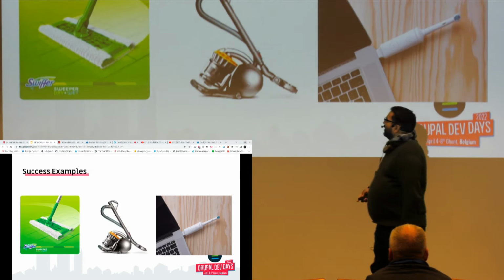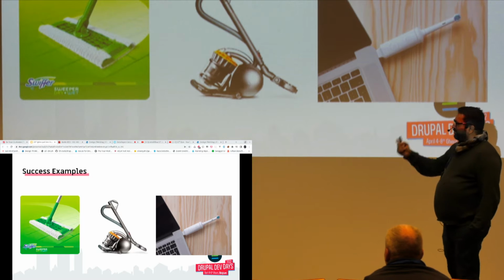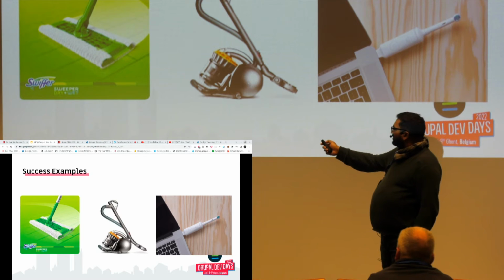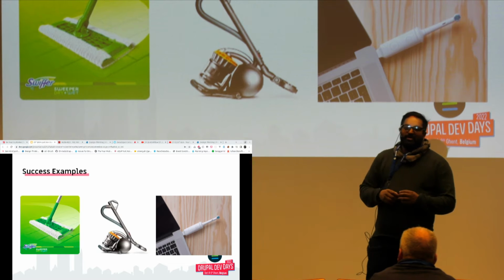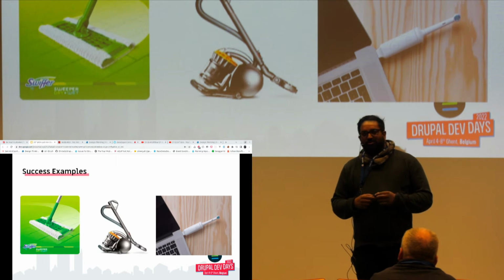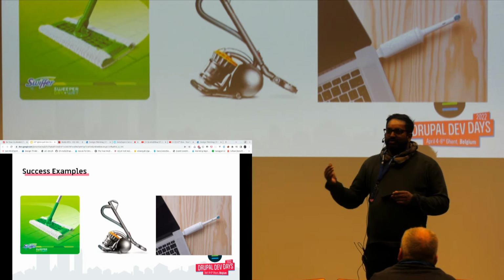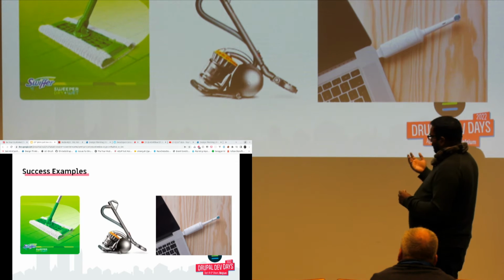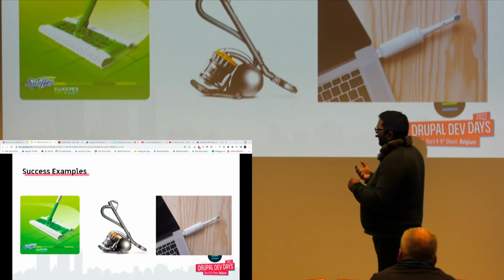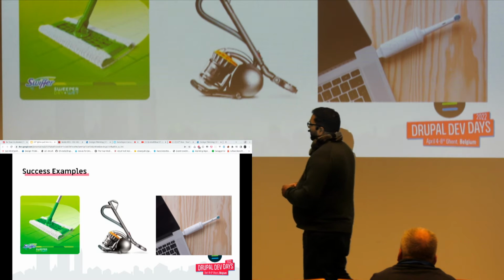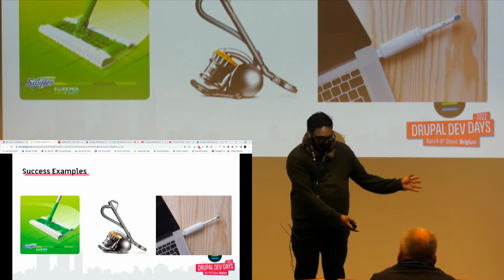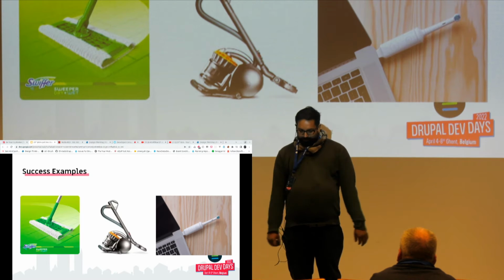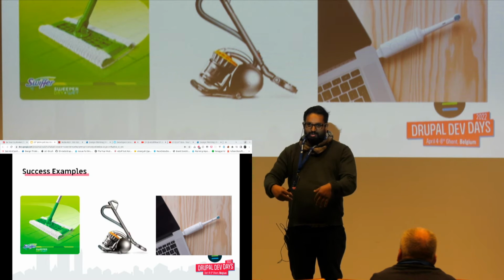But some success examples. A very famous example is the Swiffer. There was the complex problem that Procter & Gamble wanted to get into a new market, and they wanted to invent a new product for cleaning your floor. Usually you go with a bucket, put some water in it.